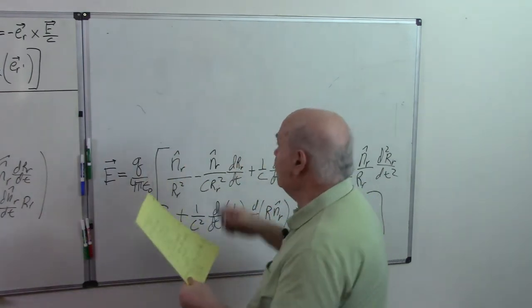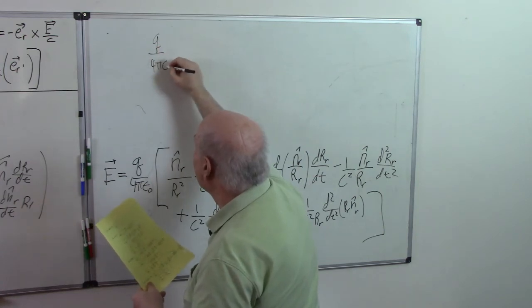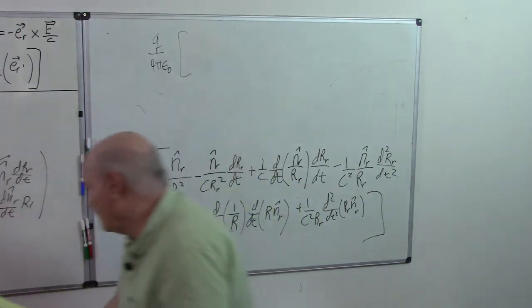So our second derivative term, q over 4 pi epsilon 0.